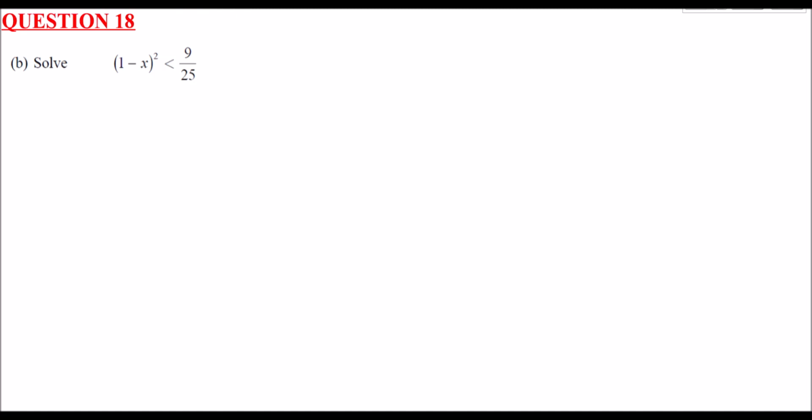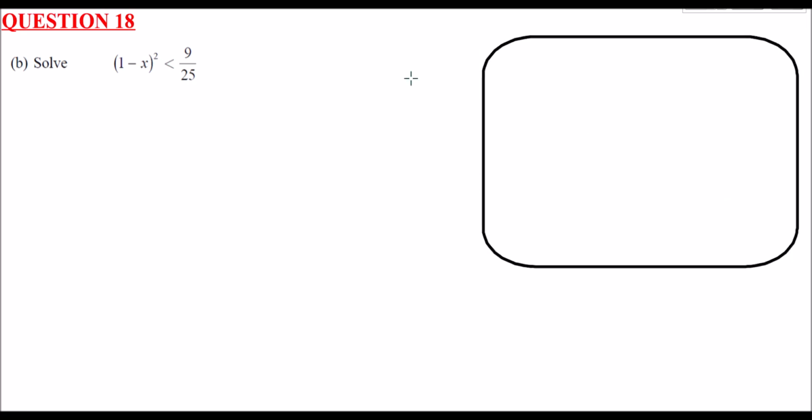Now, this is a general tip I'd use if you've got an inequality which isn't completely trivial. If it's not a linear inequality, if it's something quadratic or cubic, I would suggest, first of all, to find the critical values. In other words, what would make 1 minus x all squared equal to 9/25?